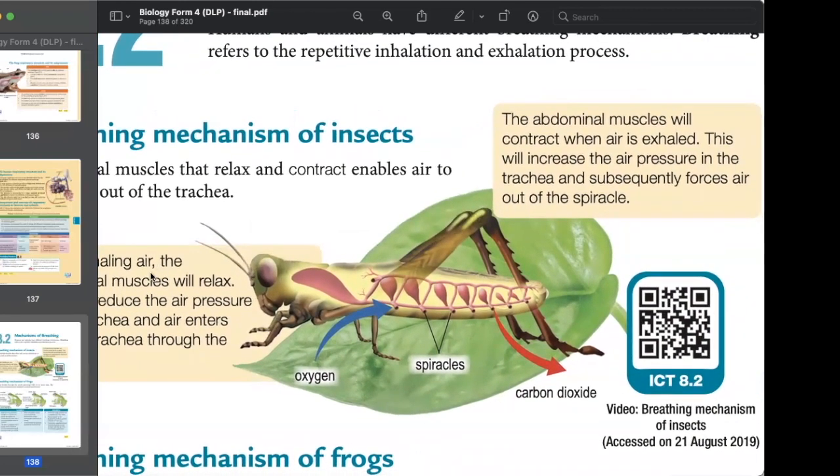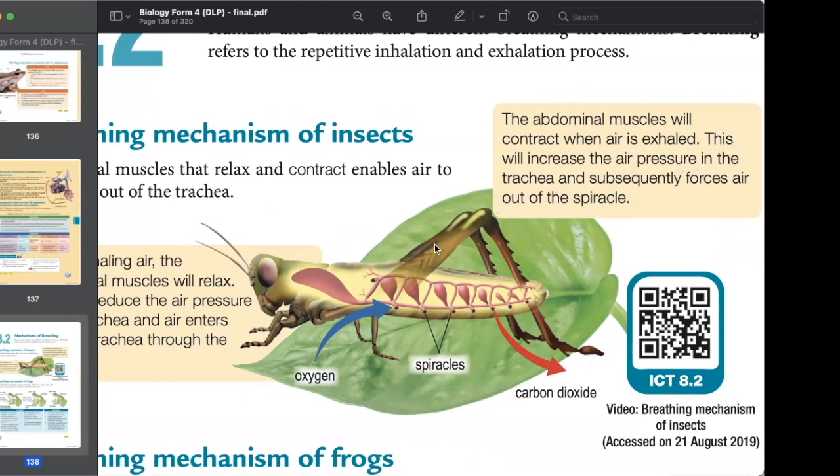Tengok kumpulan exhalation. Yang tadi during inhalation the abdominal muscle relax. Yang ni tukar je. The abdominal muscle, ni kat kawasan sini, will contract. So what will happen? This will increase the air pressure.